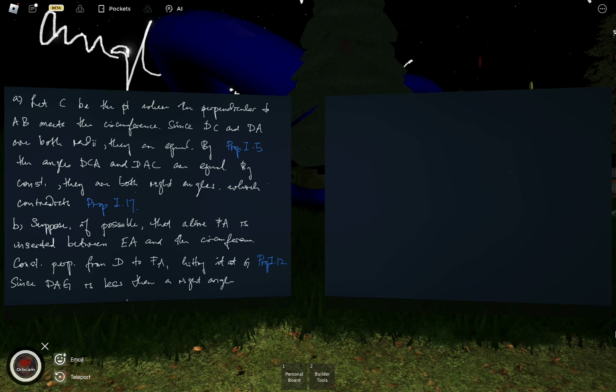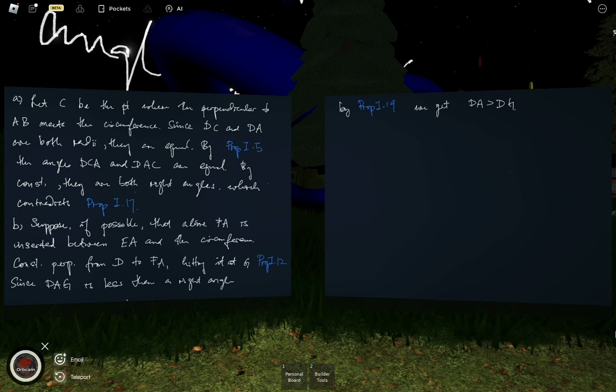So by proposition 1.19, we get DA is greater than DG. Proposition 19 says that in a triangle, if you have two angles, one greater than the other, then the opposite sides also satisfy the same inequality.